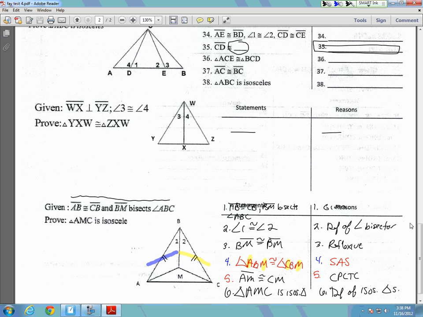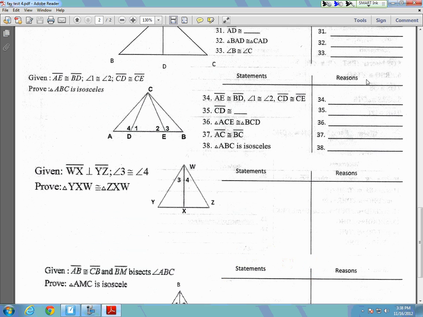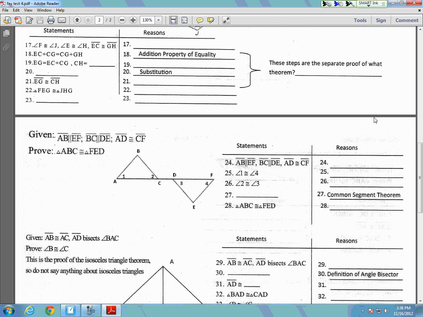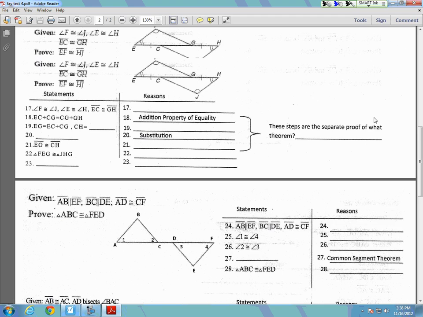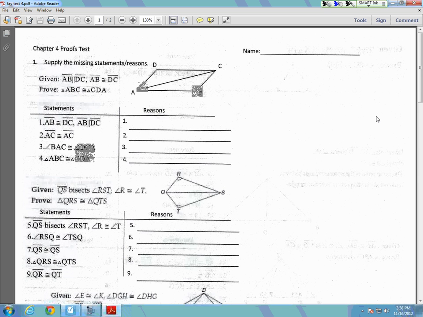If you have any questions about any one of these, make sure you come see me. I have no problem going over any one of these with you guys. Remember, if you're going to do the retake, watch this video, maybe watch it 2 or 3 times. Go over these questions. Don't just sit there and watch it. You've got to actively participate.